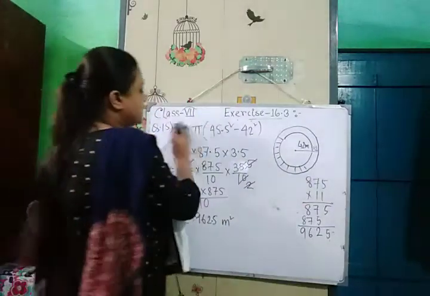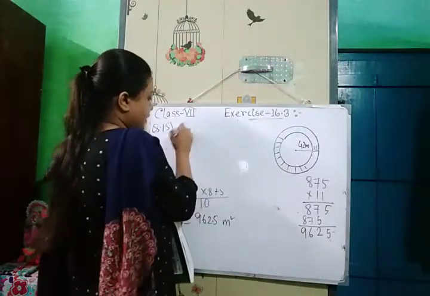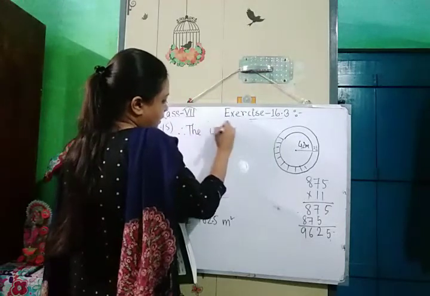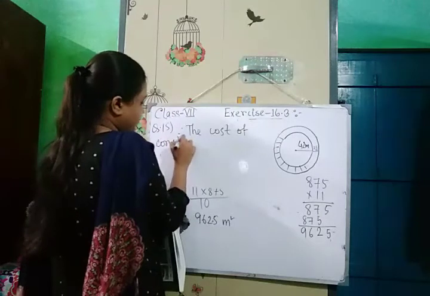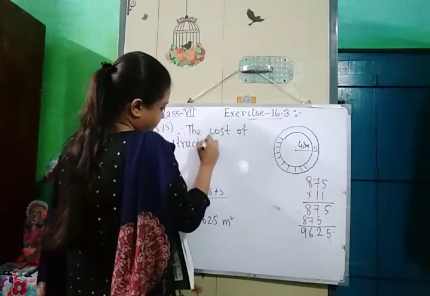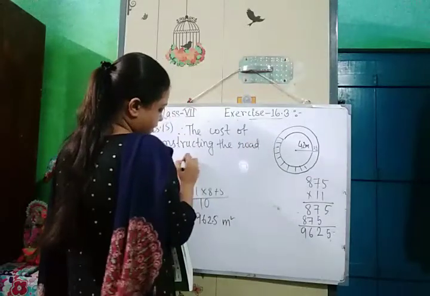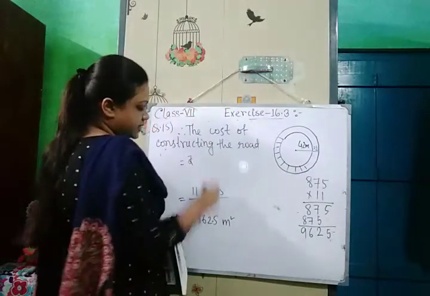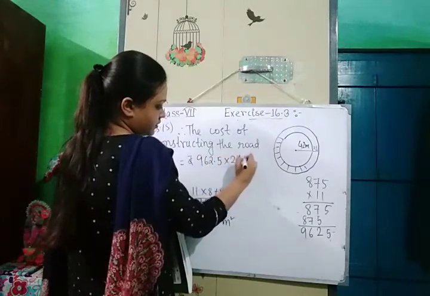So now we will write, therefore the cost of constructing the road is equals to rupees 962.5 into 240.